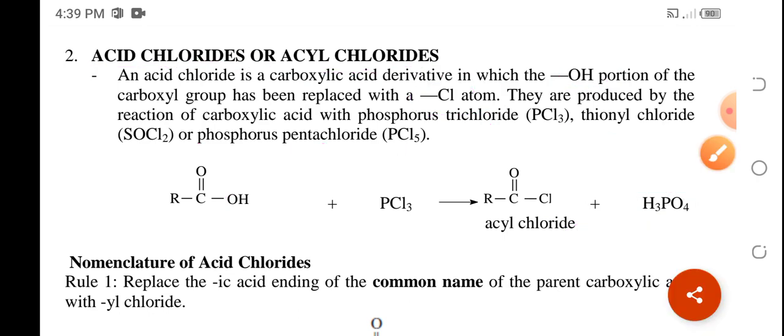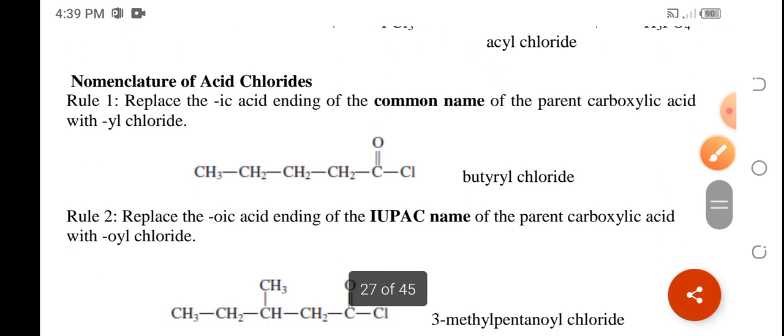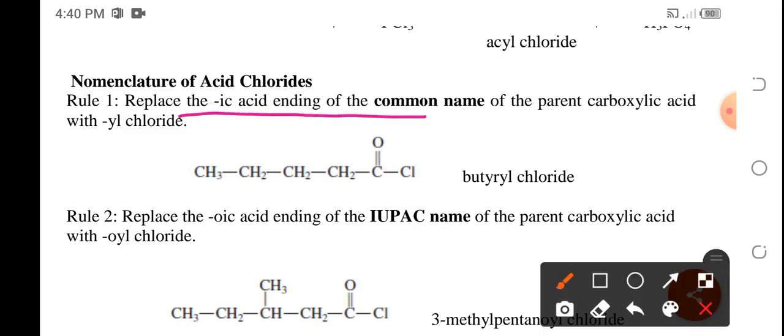Now, how do we name these acid chlorides? For the common name, we are going to replace the IC acid of the parent chain with YL chloride. So if this is butyric acid, the IC acid will be removed and it will become butyryl chloride.